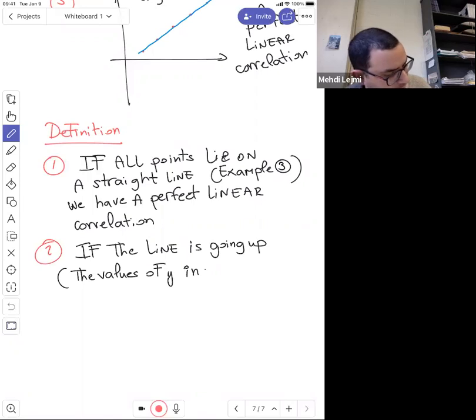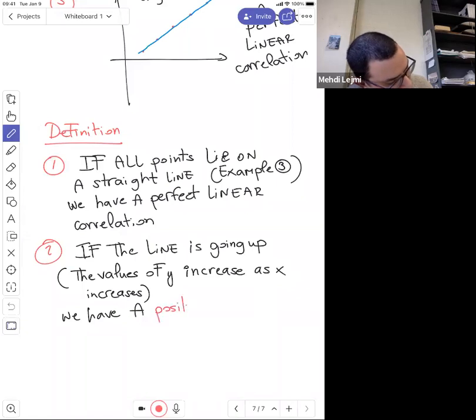If you have a line which is going up, then we say we have a positive correlation or relationship between X and Y.